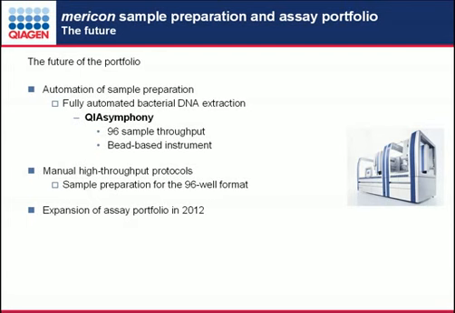We have a manual DNA prep from bacteria. We have manual and semi-automated DNA from food, and then we have a portfolio of tests. What we're working on currently is to fully automate the bacterial DNA extraction protocols using the Qiagen, which is a bead-based instrument that has 96 sample throughput.